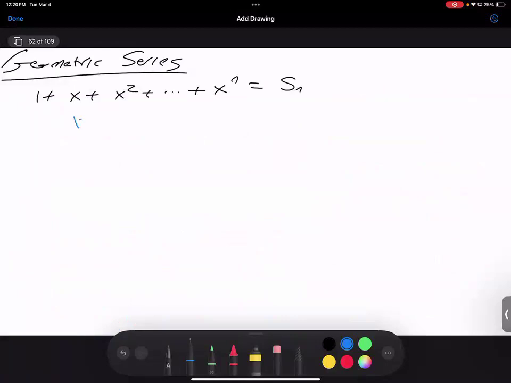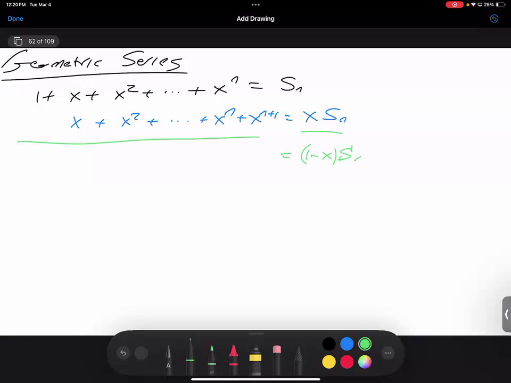If I multiply by x, it should be clear that you should subtract both sides. And then you would get 1 minus x times Sn is 1 minus x to the n plus 1.